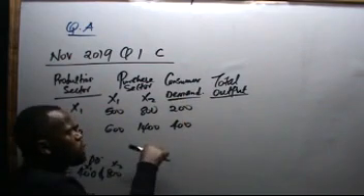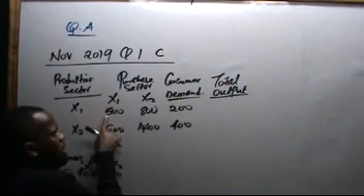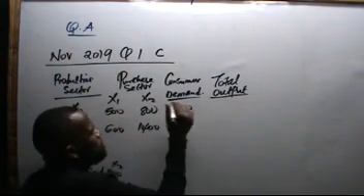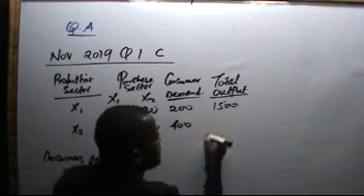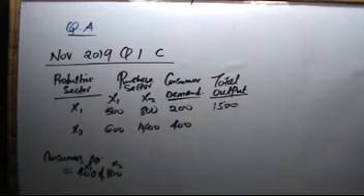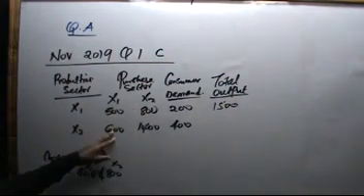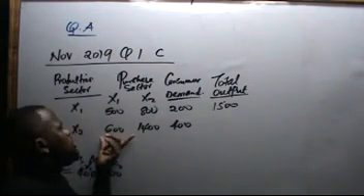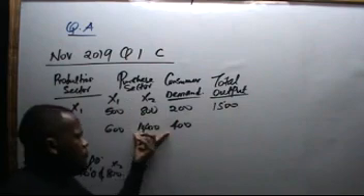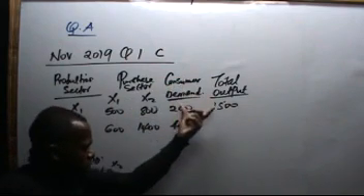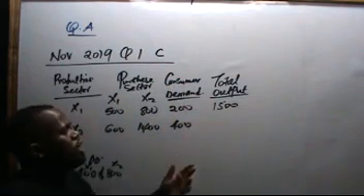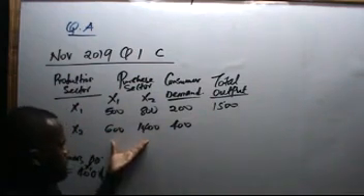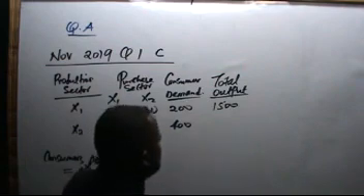So the total output for the X1 department shall be 500 plus 800 plus 200, a total of 1500, because total output is equal to total input. Come to X2. Of what it produced, 600 was purchased by X1, X2 used 1400, and final consumers took 400. So the total output from this sector is 600 plus 1400, which is 2000, plus 400, which is 2400.